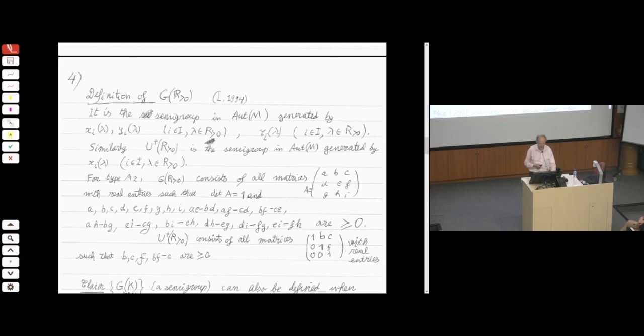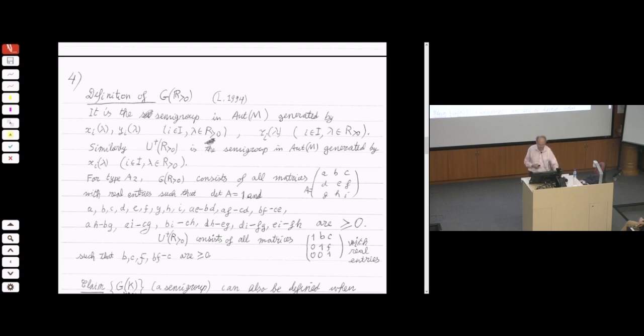And now in type A2, there's an alternative definition of this, so that is in fact the old definition of Schoenberg and Krein and Gantmacher. So all 3x3 matrices such that they have determinant 1, every entry is greater than or equal to 0, and every 2x2 minor is also greater than or equal to 0.